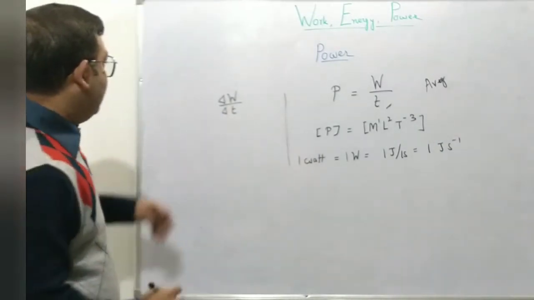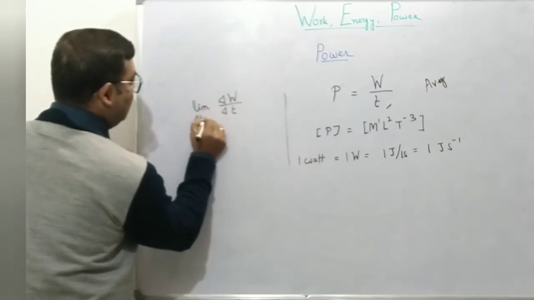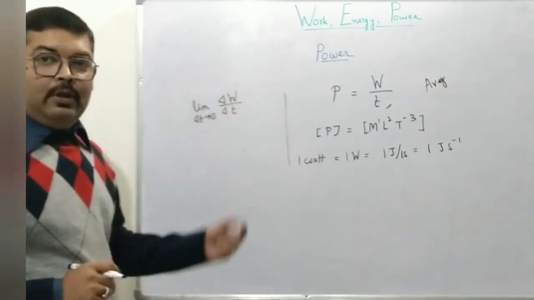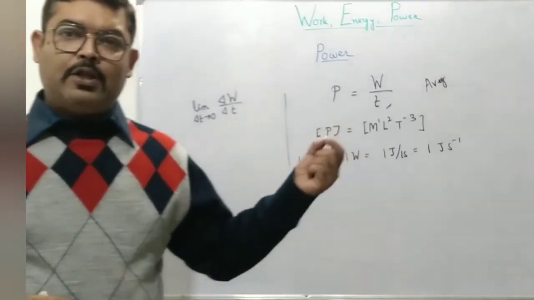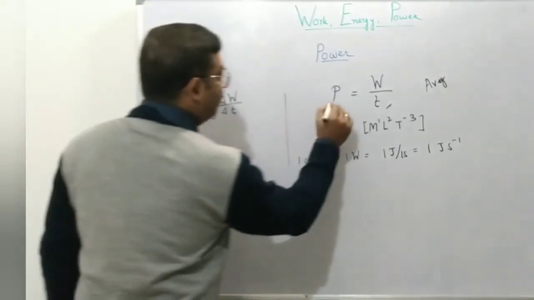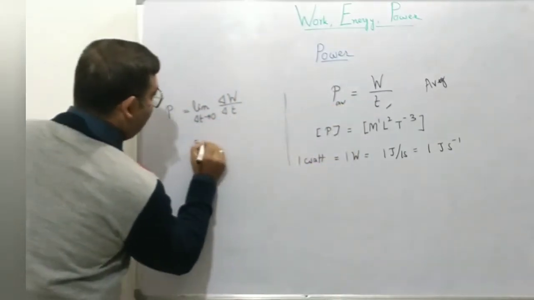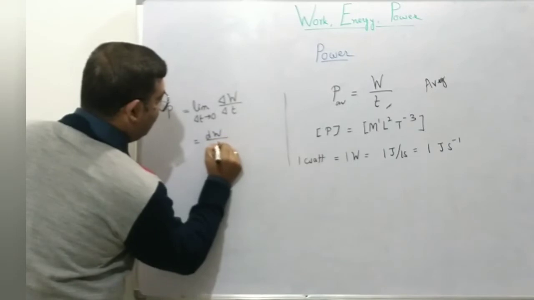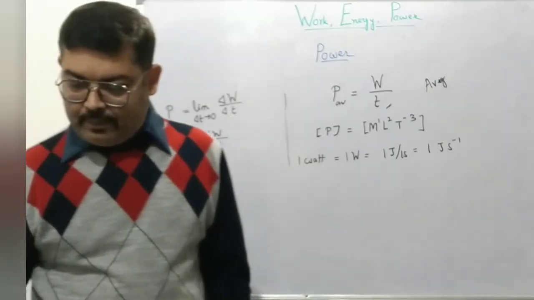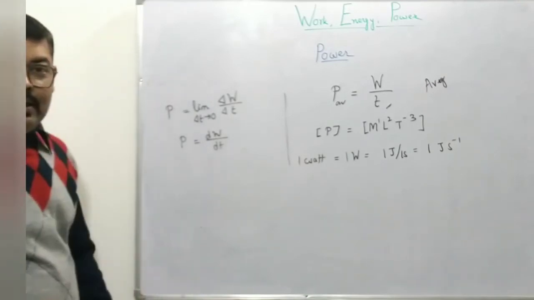So if I take the limit that delta t tends to 0, the time taken is much smaller, this will give us the instantaneous power. This is equal to dW by dt. So power is equal to dW by dt.